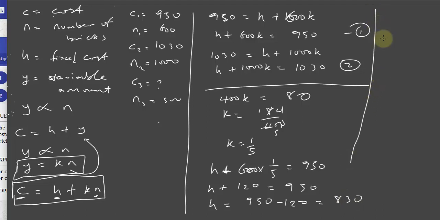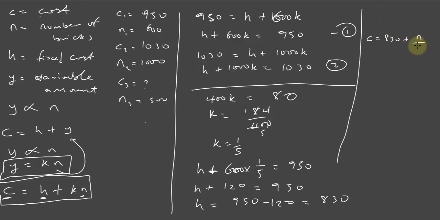So this means we can express the full equation as c equals 830 plus n over 5. So this is the full relationship without the constants. With this, we can calculate the cost for any given value of n. So now we know that for n equals 500, what's the cost?